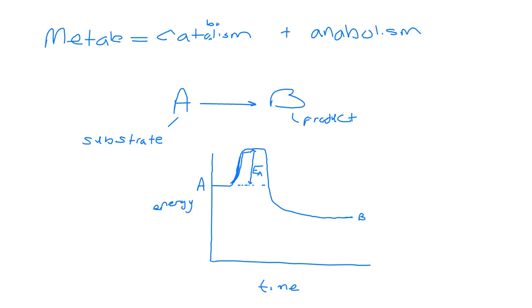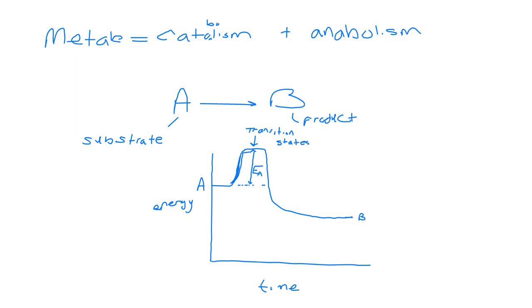So this top region of this graph is called the transition state, because at that point, the molecule is essentially being shaken or vibrated enough that the bonds holding molecule A together are able to be broken.